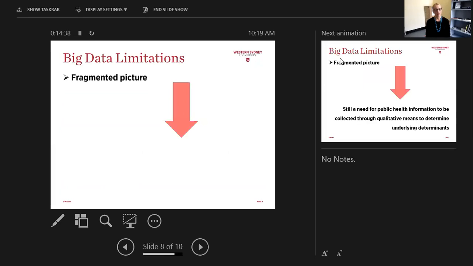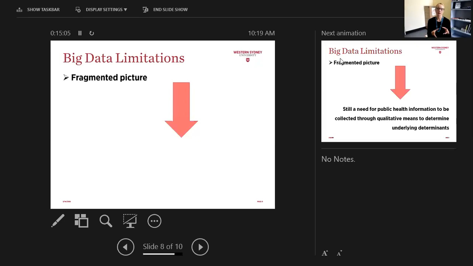Another big limitation is that big data can often provide a fragmented picture. Okay, so it does interconnect things and does interconnect the patient in terms of different disciplines and health access and movement across the globe, but it still can be quite a fragmented picture of just their access to the health service, or just their access with the biomedical world, or doesn't really delve into those determinants.